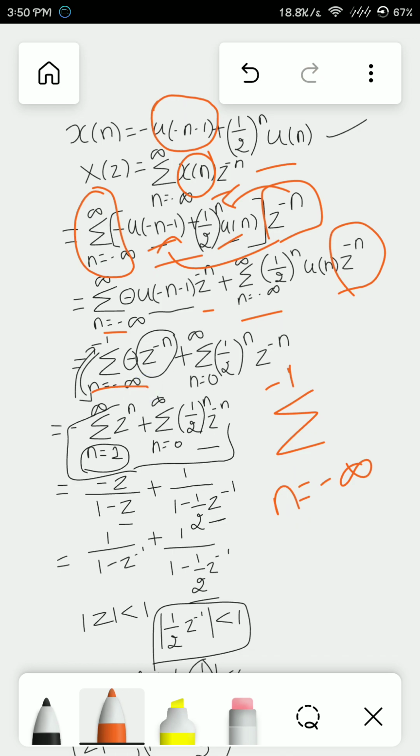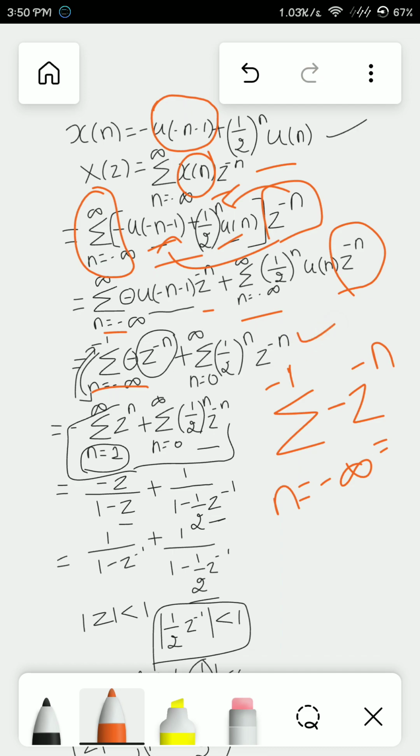Then, as minus is present in u, I'm going to take this minus here also and write it as minus z to the power of minus n. Here n is equal to 0 to infinity, because the range of n is from 0 to infinity, that is what I wrote over here.